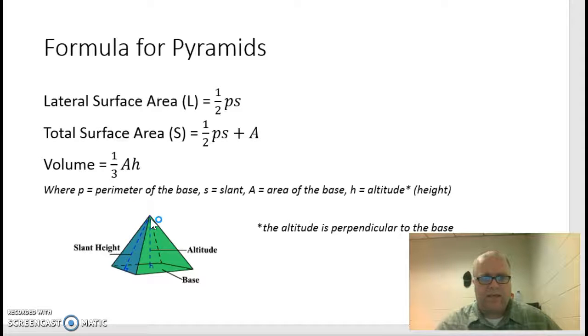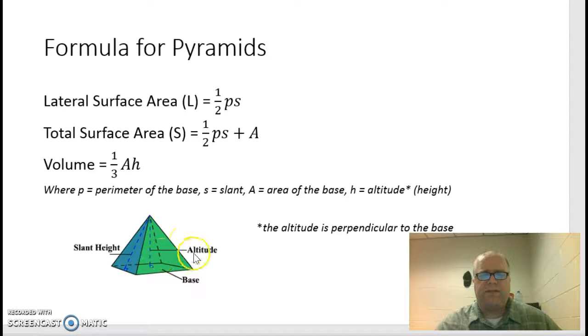Alright, and take a look at the three formulas we have. Lateral surface area, that's just these four sides for this right pyramid. That would be 1/2 our perimeter of our base times the slant height. That's the slant height right here. The total surface area would be our lateral surface area plus the area of the base.